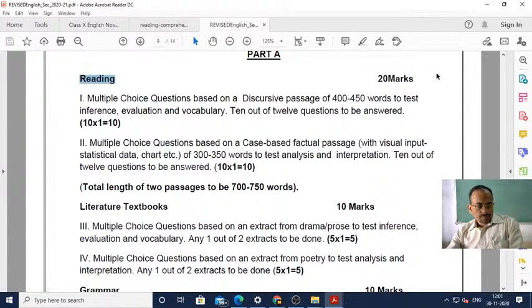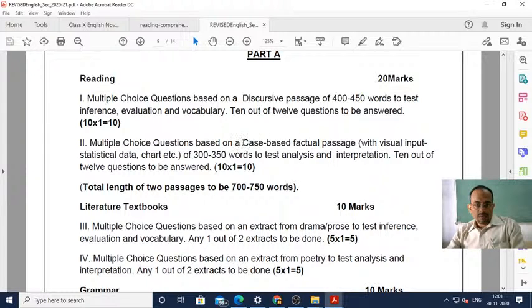As you can see here, my first question will comprise 10 multiple choice questions on a discursive passage of 400 to 450 words. The second question will also comprise another 10 multiple choice questions based on a case based factual passage.